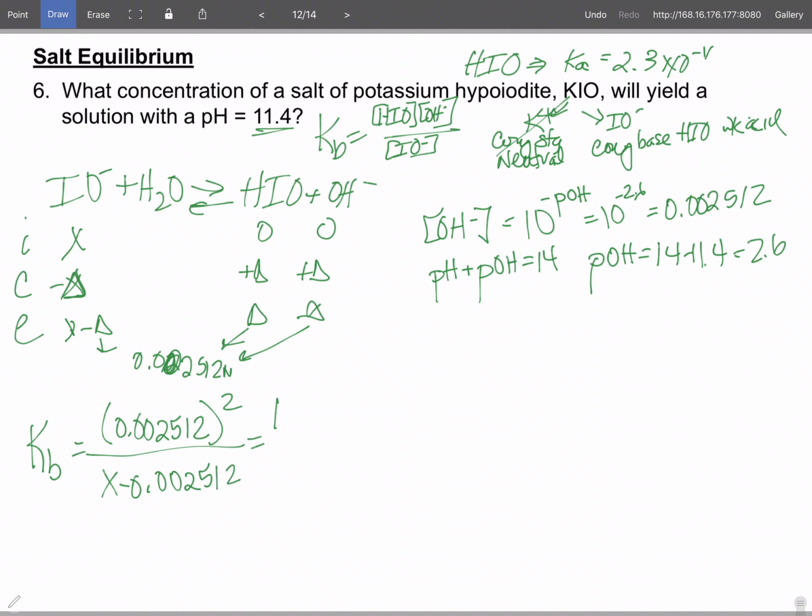The Kb is equal to Kw divided by the Ka, and we're given the Ka of 2.3 times 10 to the minus 11. Not that you can really read that. That's goofy. You erase that and rewrite it. Okay, so remember, Kw is 10 to the minus 14th. So this value here is equal to 4.3478 times 10 to the negative 4.